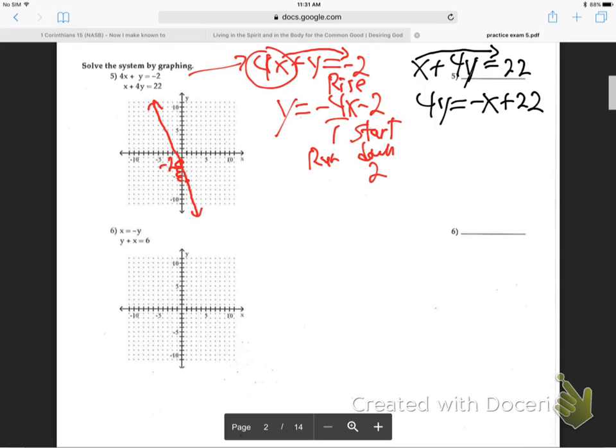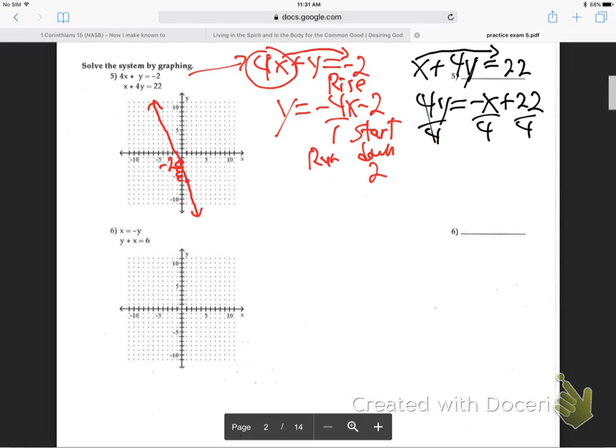We good to there? So I jumped x to the other side of the equal sign. It becomes a negative x. Keep it in the front here. And then finish solving for y by dividing everything by 4.